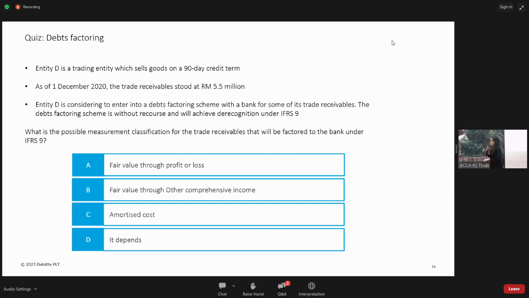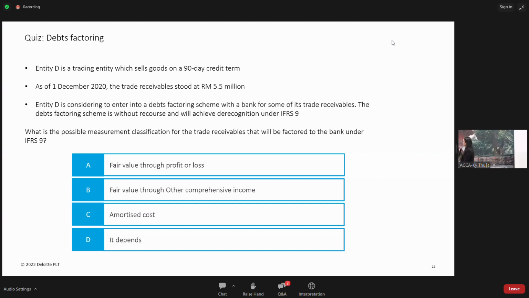Debt factoring means you sell your uncollected invoice. You sell the invoice to the bank, which will collect the money from the customer, but they will pay you cash, which could be less than the amount outstanding in the invoice, because the bank needs to make profit out of it, right?